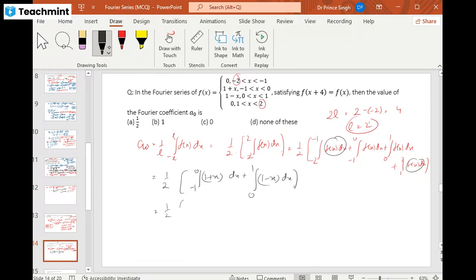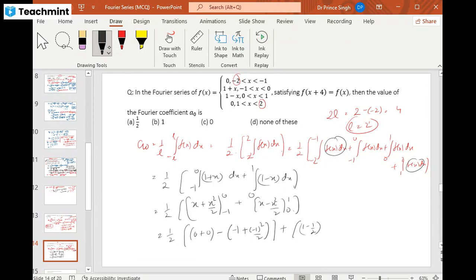So this is 1 upon 2, x plus x squared by 2 in the interval minus 1 to 0, x minus x squared by 2 in the interval 0 to 1. So this is 1 by 2, upper limit 0 plus 0, lower limit minus 1 plus minus 1 squared by 2, plus upper limit 1 minus 1 by 2, lower limit 0.